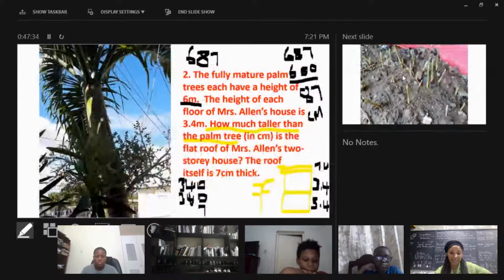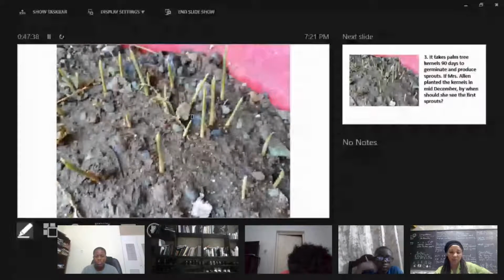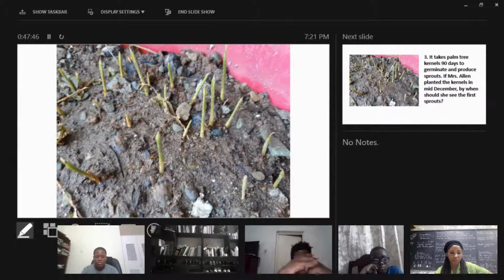So Mrs. Allen planted hers, and after a while they start to sprout. They're coming up out of the soil. She planted them in a little container because she's planning to transplant them. Not all are going to grow in this. She's going to transplant them.